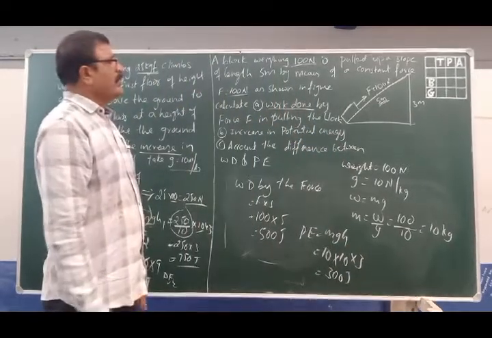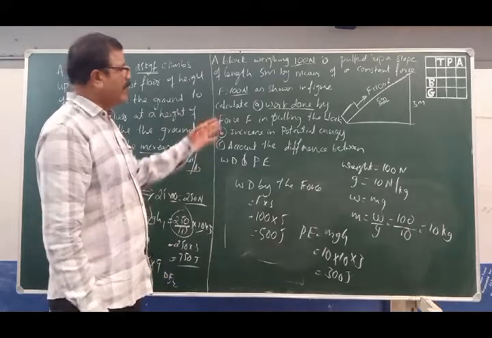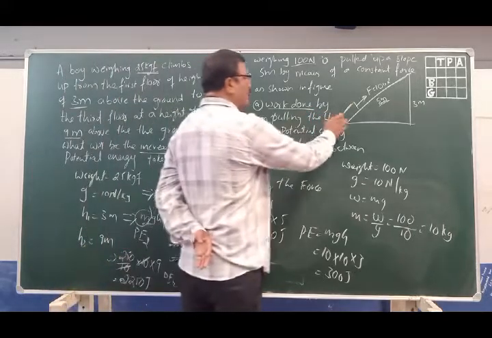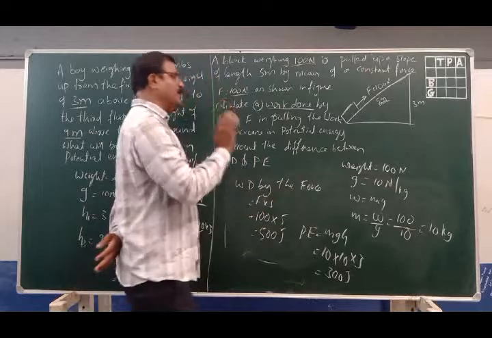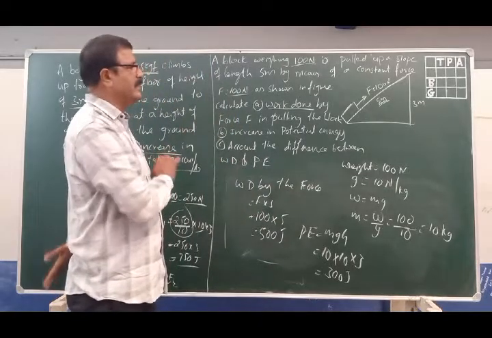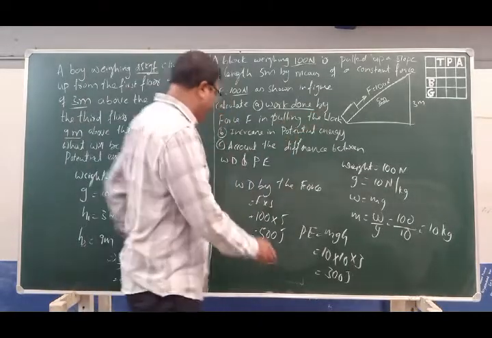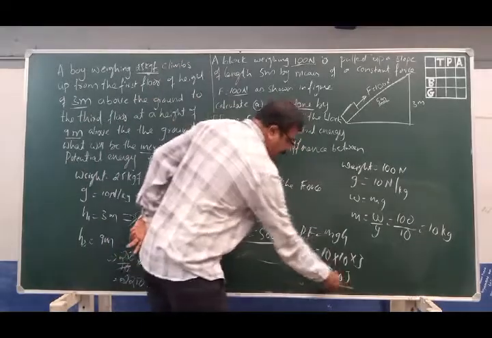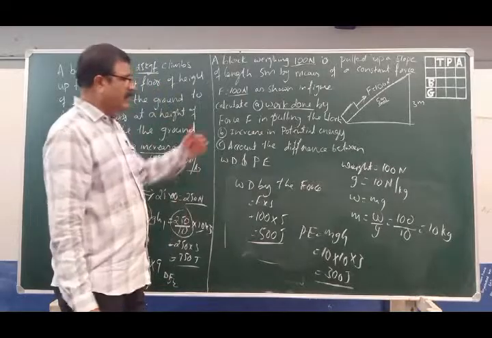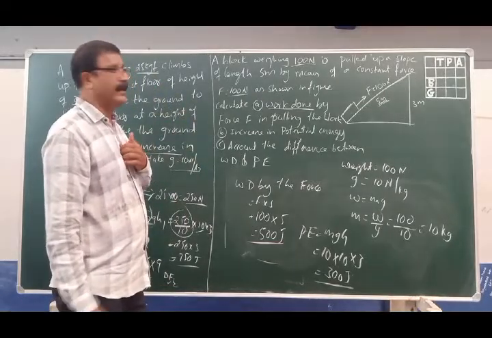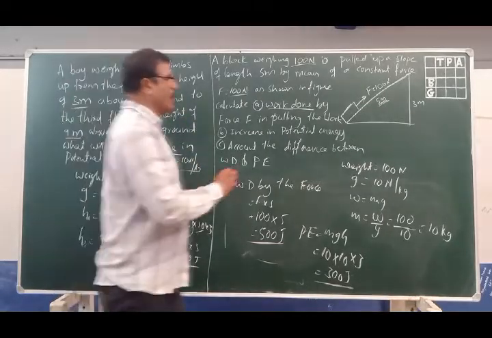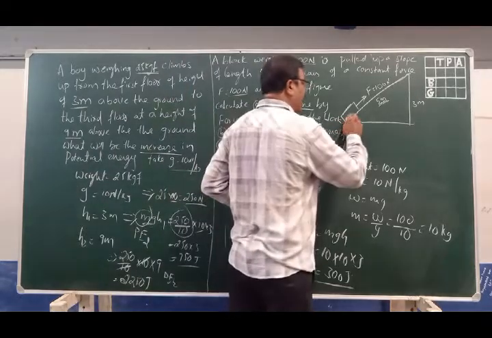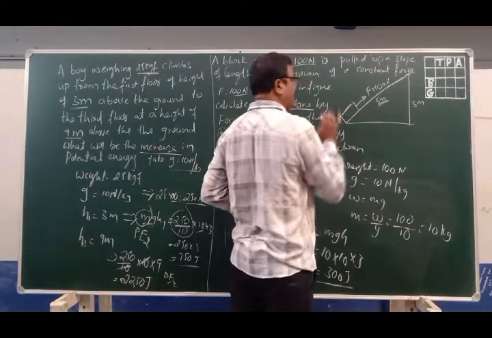Now we have studied in the work energy theorem that whatever work we do on a body will be stored as energy. But the work done is 500 joules, while the energy gained by the body is 300 joules. Then what happened to the remaining 200 joules? That energy is lost due to friction, due to the rubbing of these two surfaces.